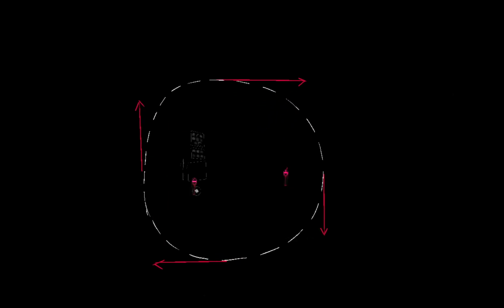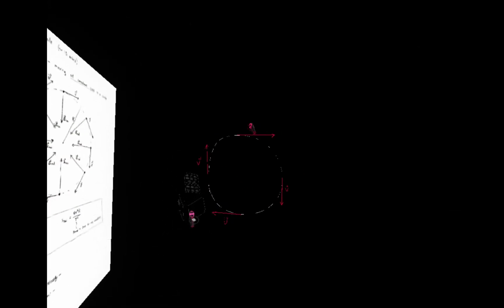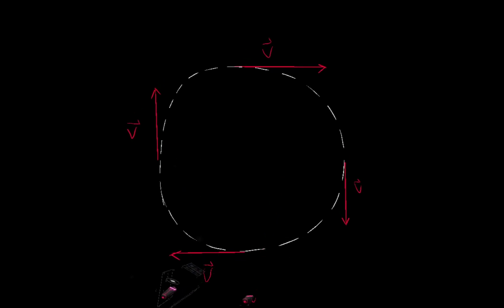And at this point, your velocity is this direction. And at this point, your velocity is in this direction. Of course, all these arrows are ideally going to be the same length because the magnitude of your velocity is unchanging. It's only your direction that's changing. All right, so this is the scenario that we have.